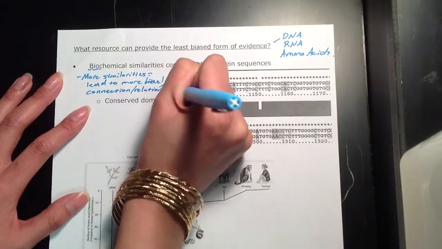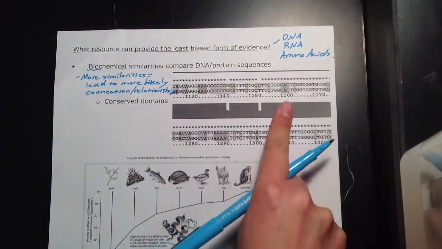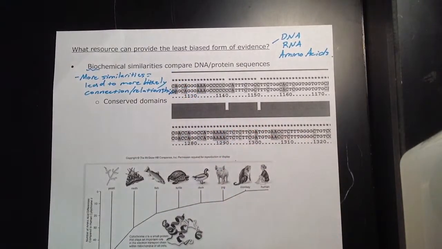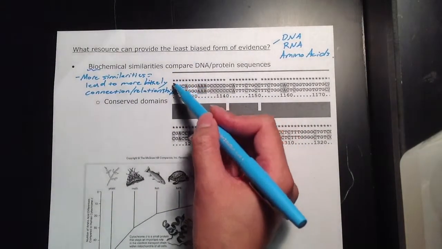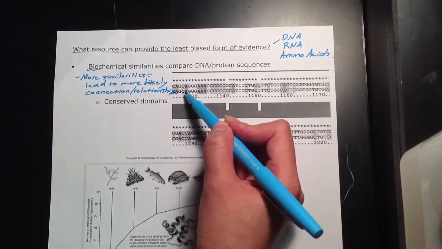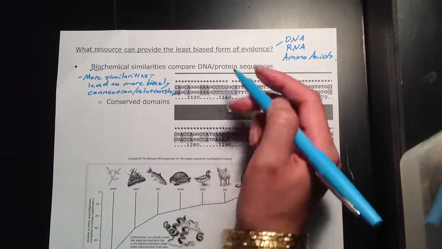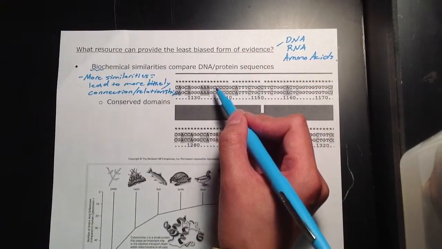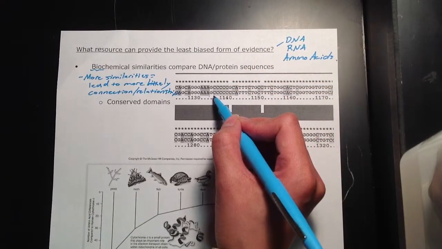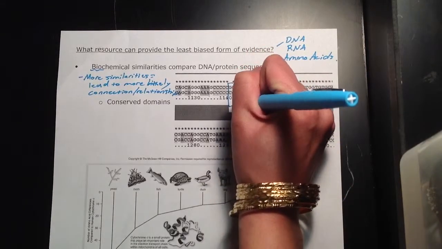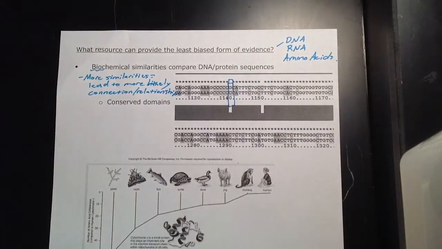A lot of times you'll see sequences of DNA, and if you look at this first sequence, top to bottom, we're comparing two different organisms. You have C, A, G, C, A, G, G, G, A, and then here you see a G, and we keep going until you get right here, where the star is actually missing.